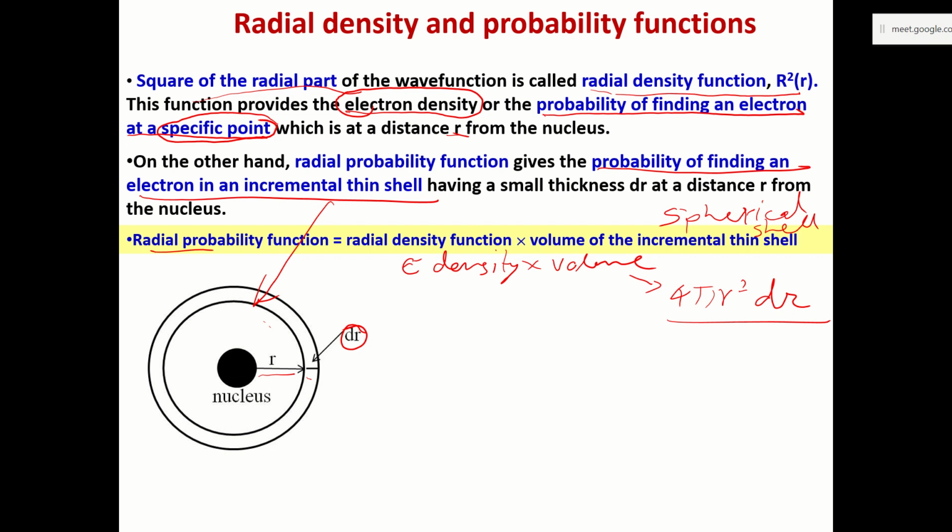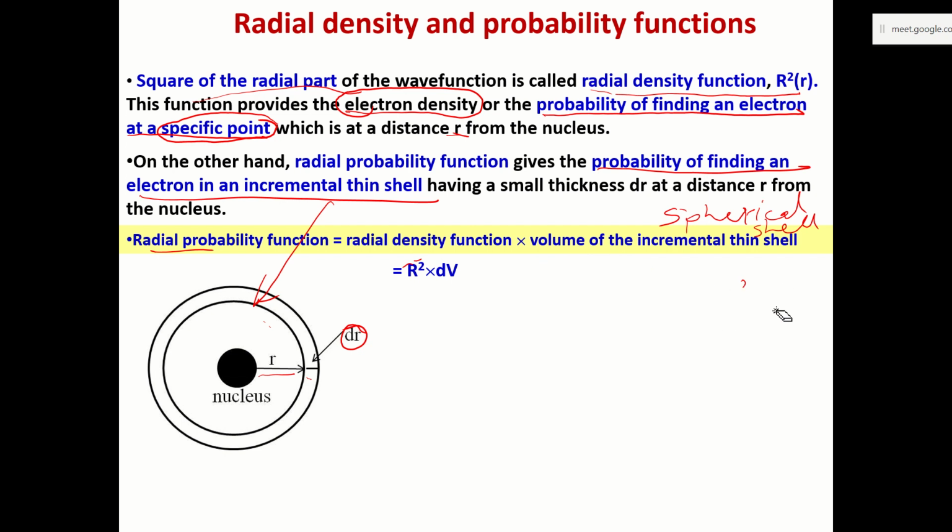You differentiate 4 by 3 pi r cube, which is the volume of a sphere. If you differentiate it, the first derivative will be 4 pi r square dr, right? So the volume of this thin shell is 4 pi r square into dr. So what you define is density into volume.